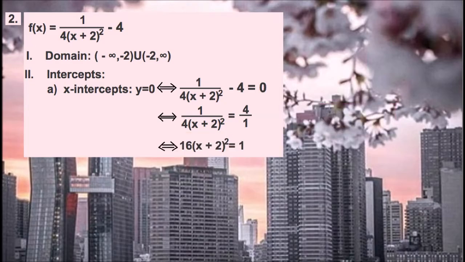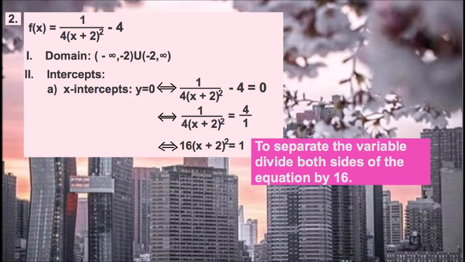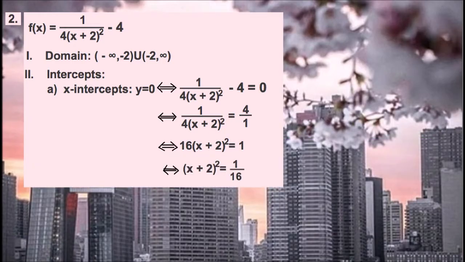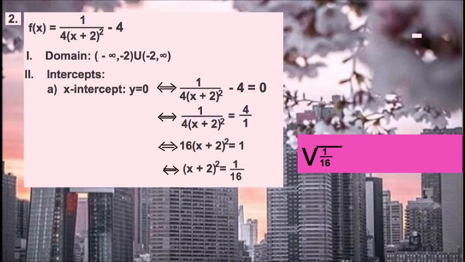Equivalent to 16 times the quantity x plus 2, everything squared, equals 1. To separate the variable, divide both sides of this equation by 16. Equivalent to x plus 2, everything squared, equals 1 over 16. Square root of 1 over 16 equals 1/4, which equals 0.25.